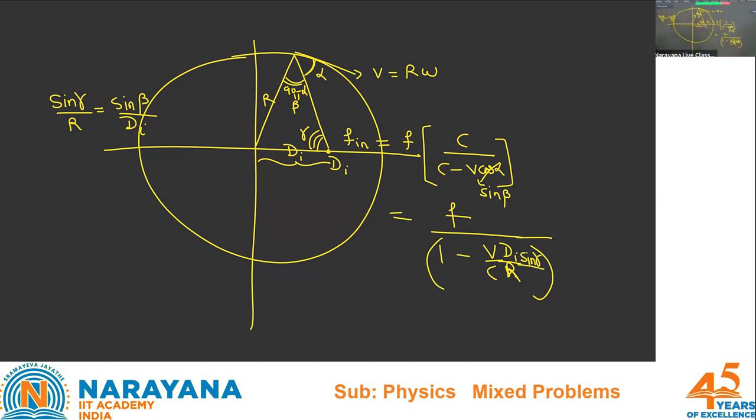Observe it: f upon 1 minus v by c is there, di upon r is there, and the sine gamma term is there. Now these are constants, so no hassles with this. Now I was interested in f in max, and from this you can also find the positions, and f in min.